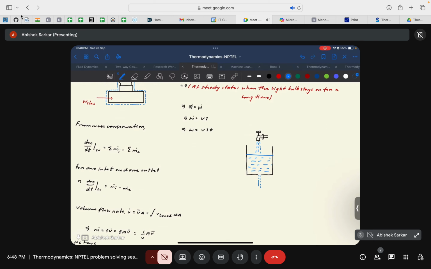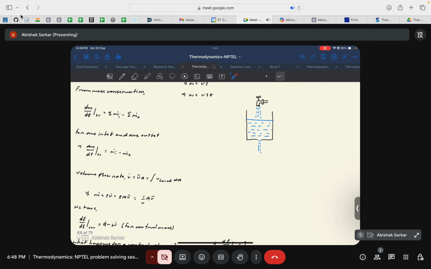Now the mass conservation becomes relevant, in the sense that the rate of change of the mass of liquid inside the bucket is equal to the net mass influx, that is from the tap here, minus the net mass outflux, that is through this hole in the lower surface of the bucket. If the net mass influx is greater than the net mass outflux, there will be a certain mass accumulation inside the bucket.